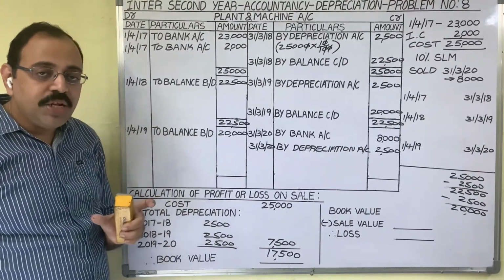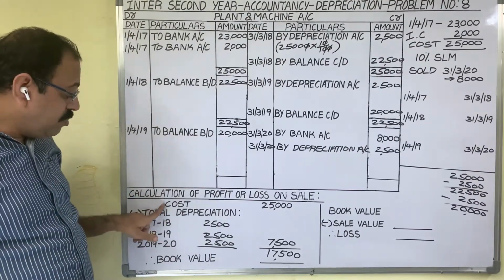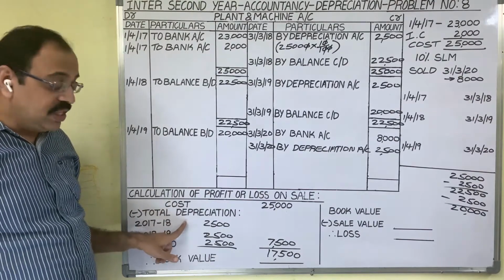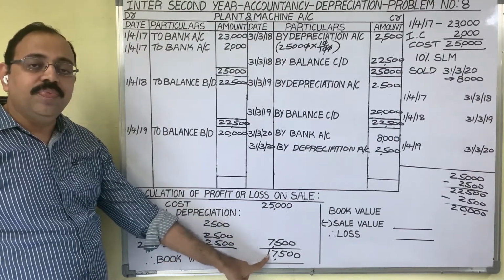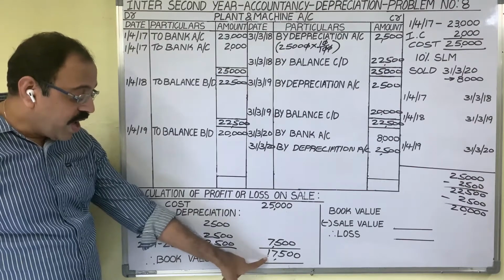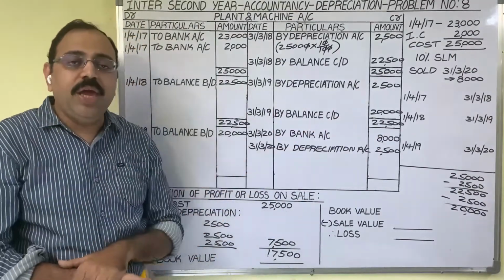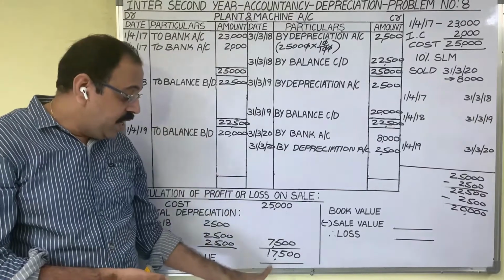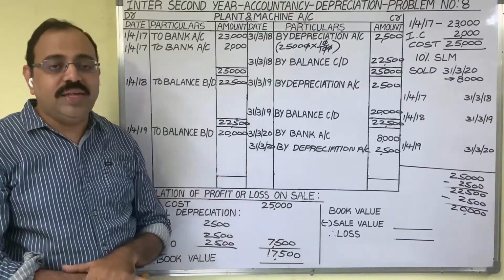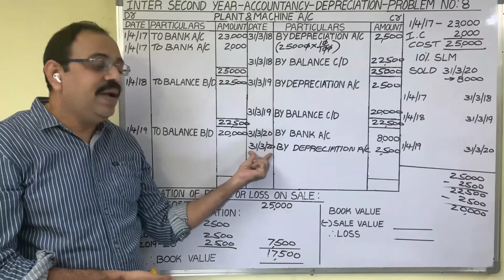So what does book value mean? Cost minus total depreciation is equal to book value. Now this book value and sale value, both we should compare. Book value means the value of the asset on the sale date.